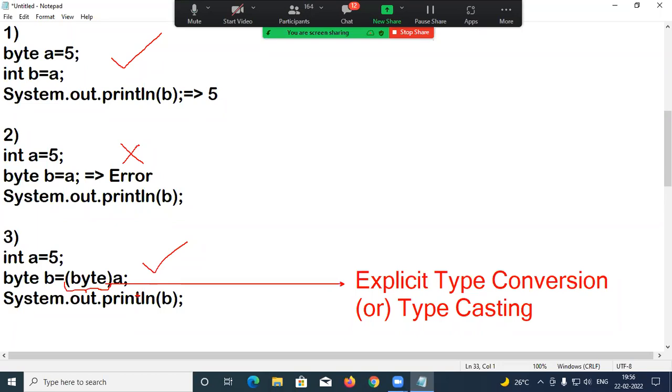Total three. 14 always error. 19 always valid. 23 like this error, like this valid. Now, the fourth code snippet, I'll ask you to give the answer.